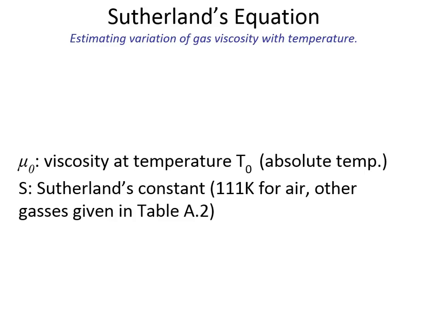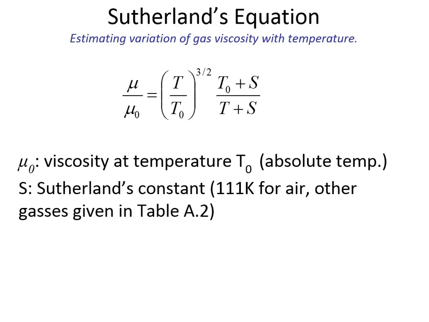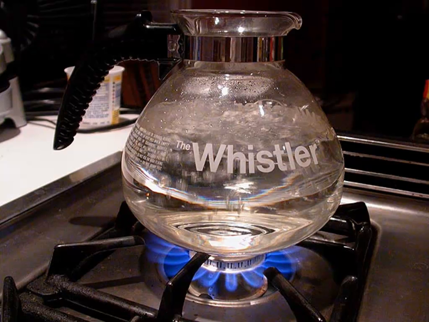And Sutherland's equation says that with the viscosity of a gas at a known temperature, the original viscosity and the original temperature, you can find the viscosity at some unknown temperature by using this formula.